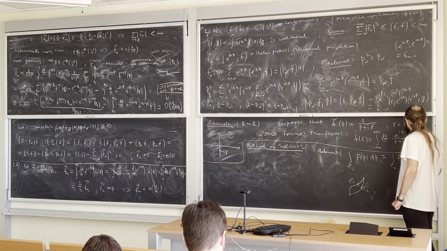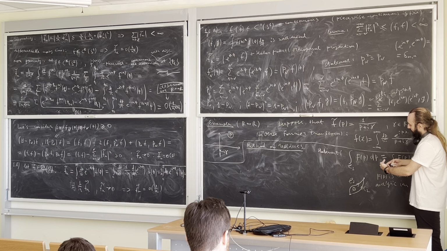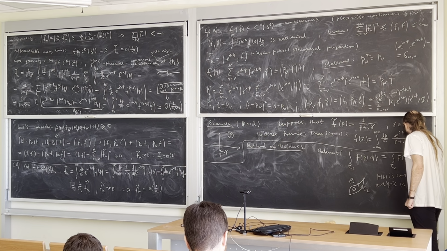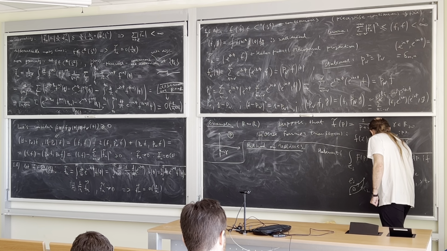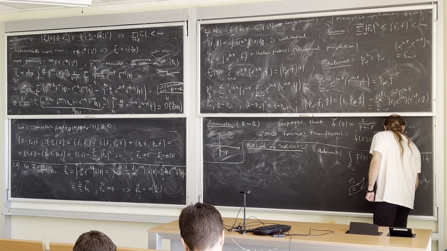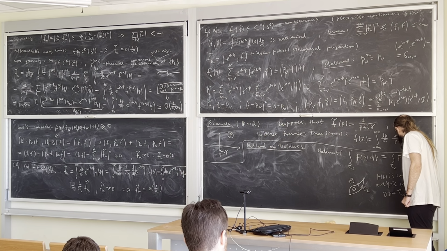If our function f of p is analytic in the domain D that is contained between these two contours, such that the boundary of the domain is the difference of these two contours, C1 minus C2, or C2 minus C1, in this case C2 minus C1.